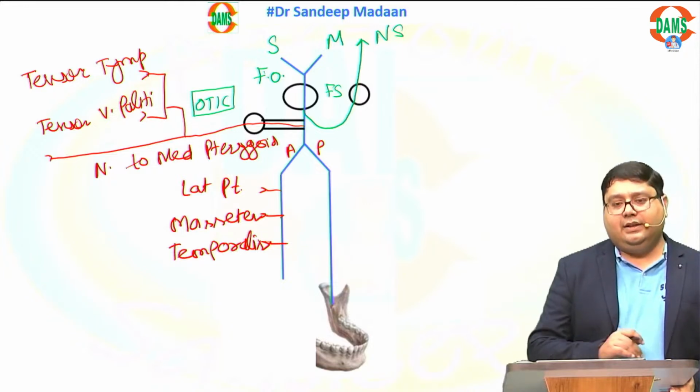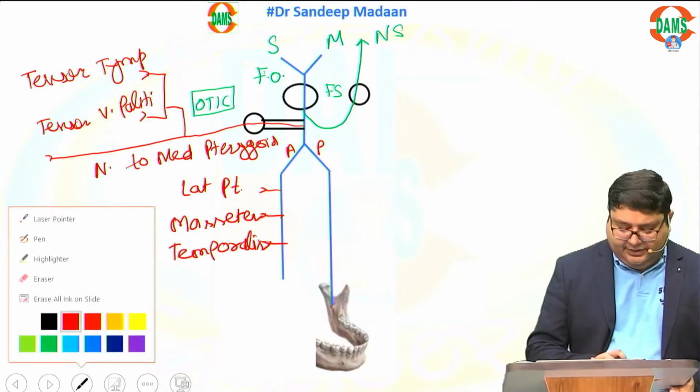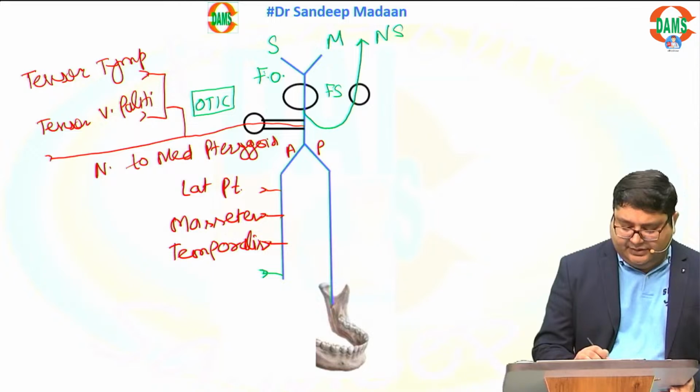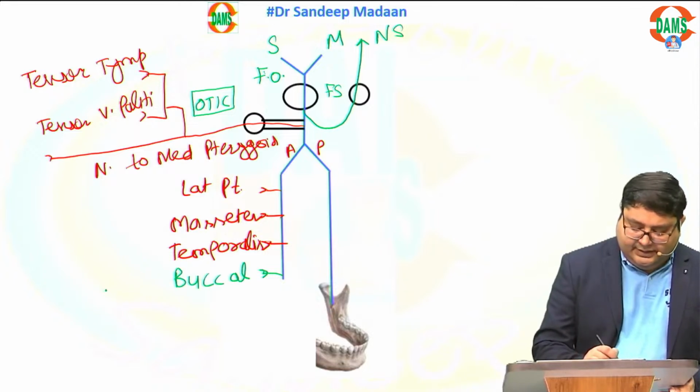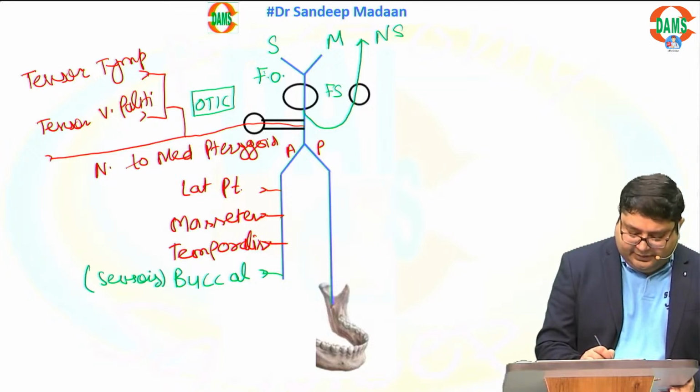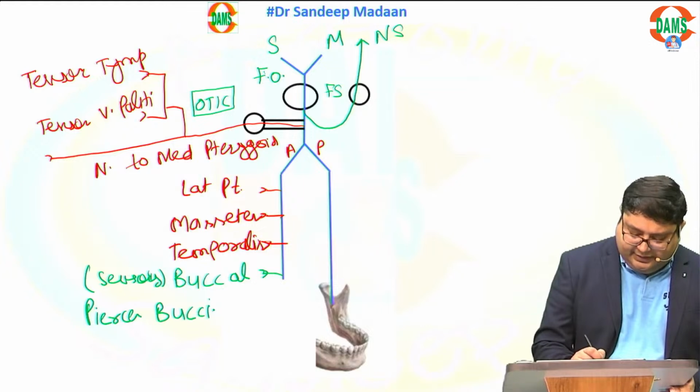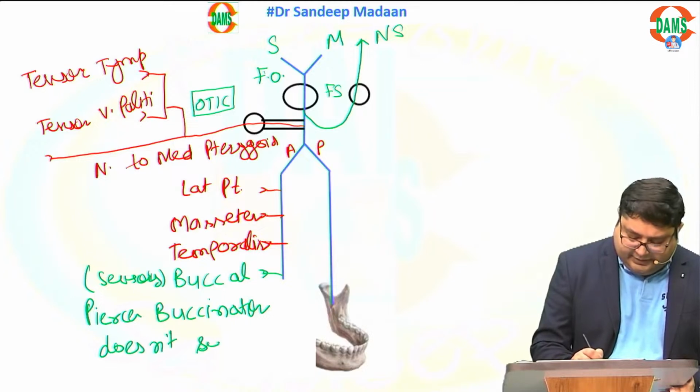Okay. But then there is one sensory branch, only one sensory branch, that is the buccal branch. Buccal branch is a sensory branch. Okay. Important point here is it pierces buccinator but does not supply it.